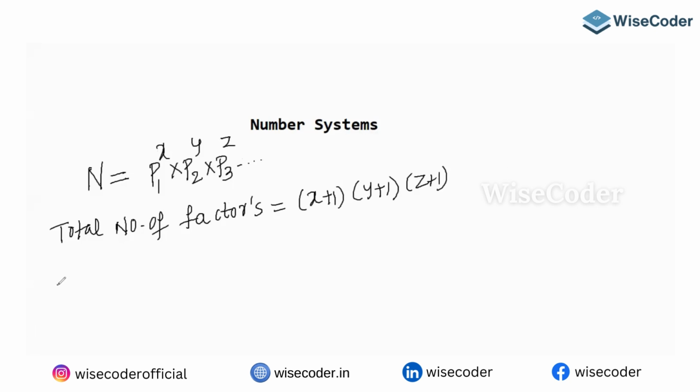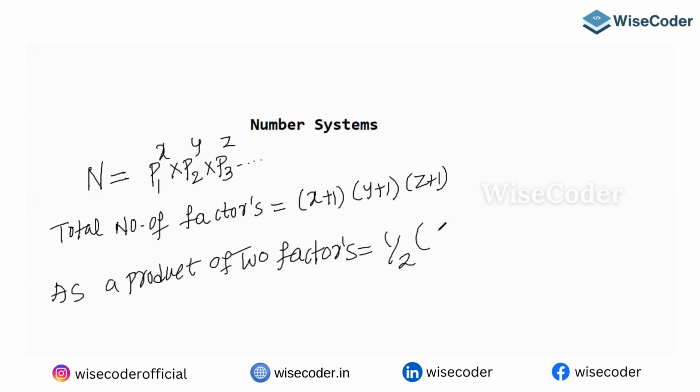And as a product of two factors, it is going to be half of the total factors, which means half of x plus 1, y plus 1 and z plus 1.